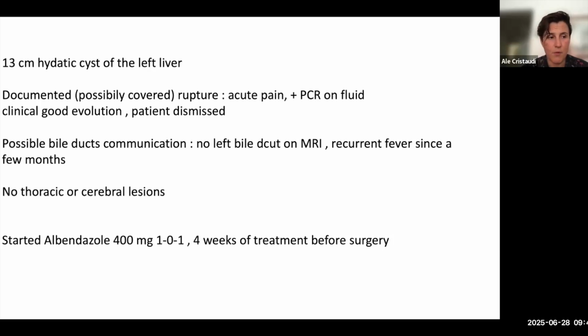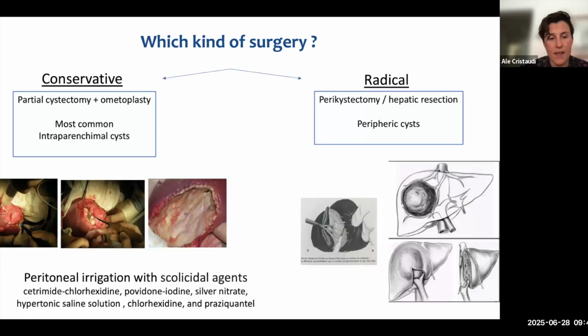Probably we were called at the moment of the major pain. I think an emergency surgery could be considered because of the intraperitoneal rupture. Then we can discuss if it would be better to perform a conservative surgery with a marsupialization, but that carries a very high risk of biliary fistula, as we think there is a biliary communication, rather than a pericystectomy or a left hemihepatectomy.